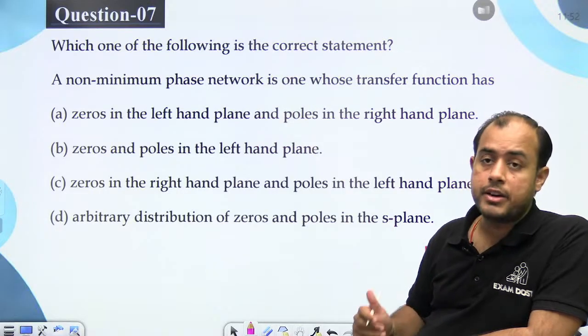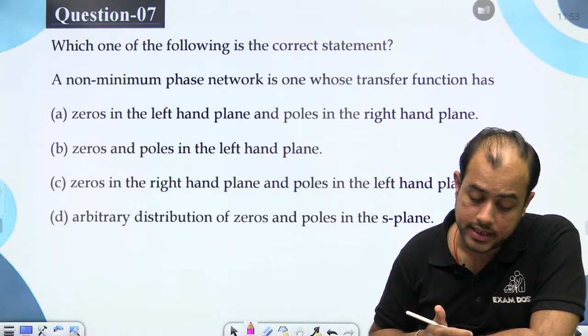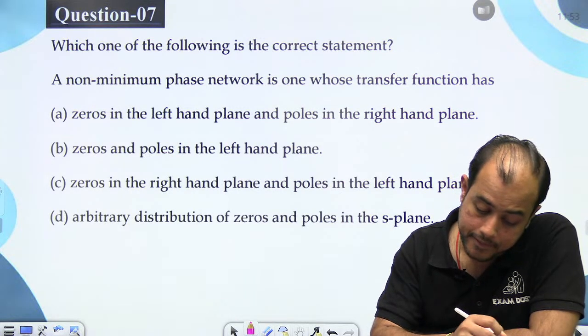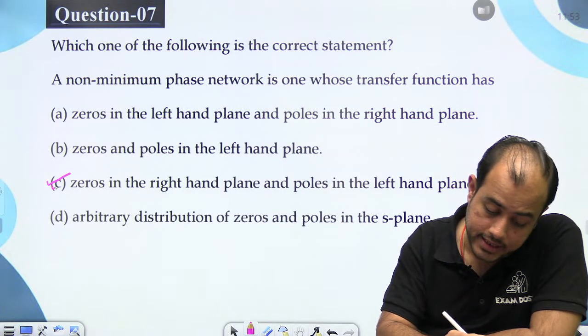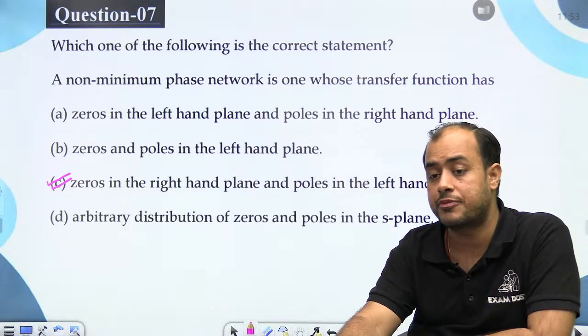ESE 2007, a non-minimum phase network is the one whose transfer function has zeros in the right half plane, poles in the left half. Sir, poles left half में क्यों?